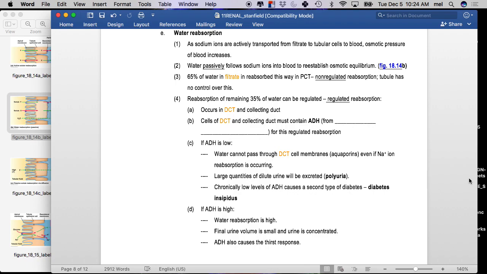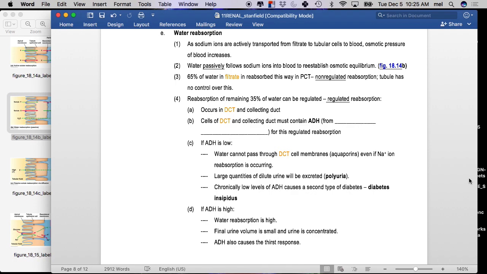Because ADH allows water to follow sodium. Even if I'm reabsorbing the sodium, I am not going to reabsorb the water. Got it? So it is true that if you drink more, you pee more. But the relationship is that if you drink more, you inhibit ADH secretion, which inhibits DCT reabsorption of water, which is why you pee more. Got it?